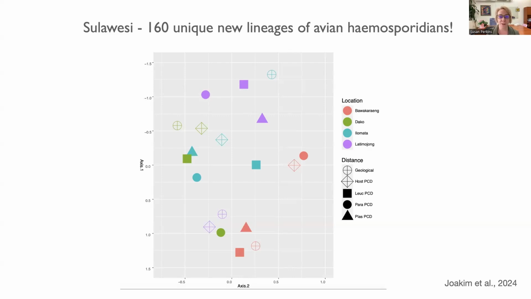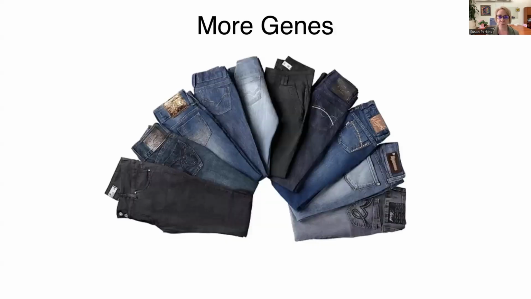And I just put up this principal components phylogenetic discordance analysis just to kind of highlight that there's not a lot of pattern. The colors represent the sampling locations. The shapes represent the 3 different common genera of avian parasites. There's just a ton of diversity here. So we have a lot of work to do doing some species descriptions for sure.